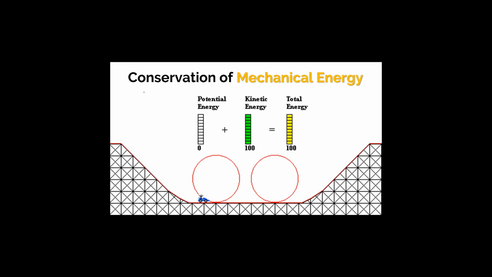Since nag-increase yung kinetic energy ng isang object, then that increase is also equal to the decrease of the potential energy, since potential energy is converted from at rest to moving, or to the object which is doing the work.